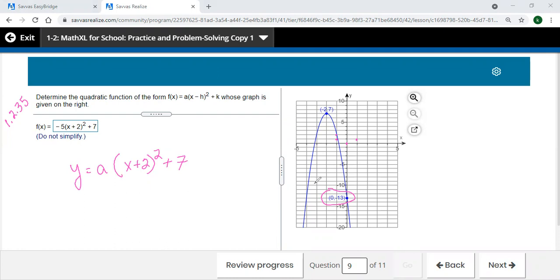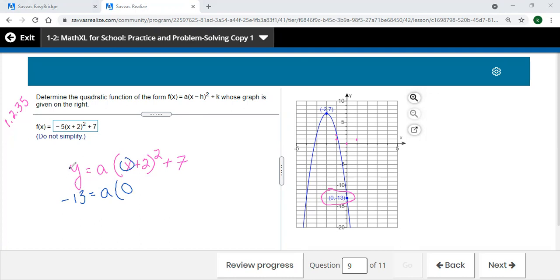0, 13. Well, the 13, that's a -13, right? That's a y. So what you do is you put a -13 in here for y. I still don't know what a is, the stretch factor. That's what I'm trying to figure out. And I know the x that went with that -13 is 0. So I put a 0 in for this x right here.